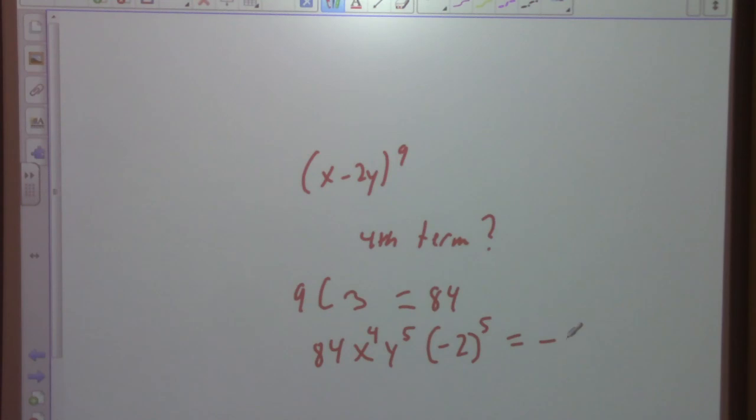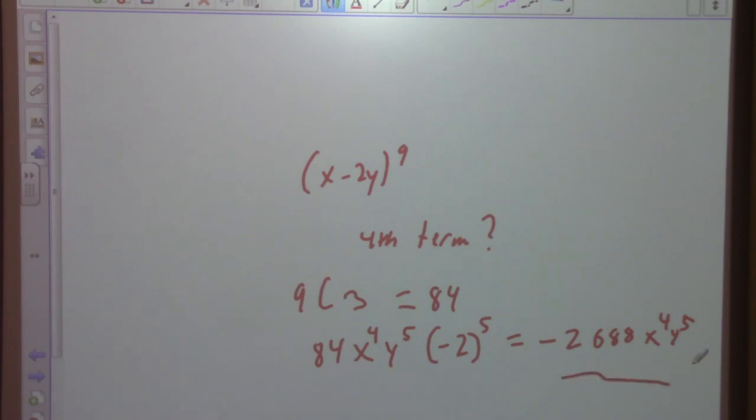Negative 2,688. That'll be x to the 4th, y to the 5th. So that's going to be your answer. It should be the one on the back of my shirt, I think.